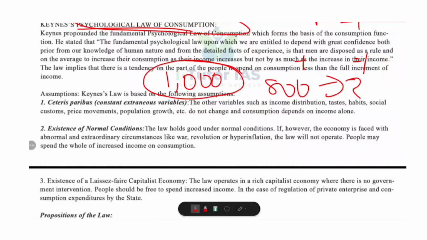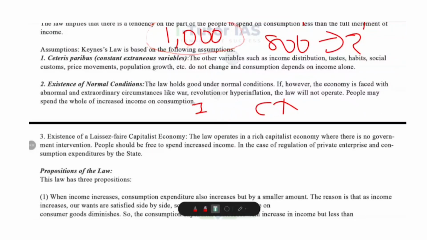So what does this Keynes psychological law of consumption tell us? When income increases, when Y increases, consumption also rises, but by a smaller amount, and the remaining portion of income becomes savings. Therefore, both consumption and saving together rise with income.